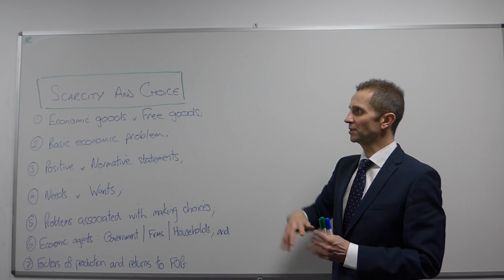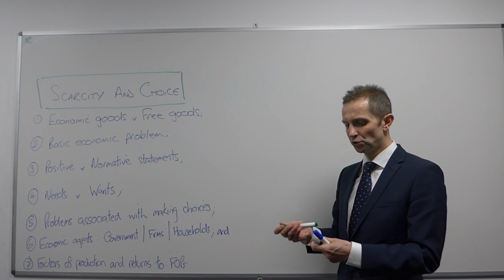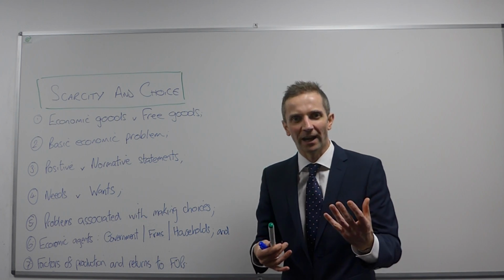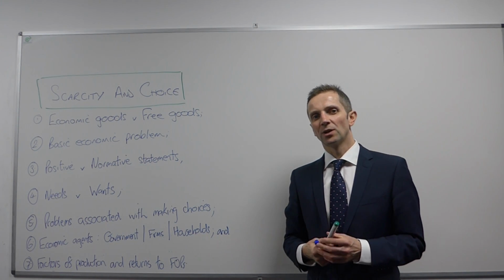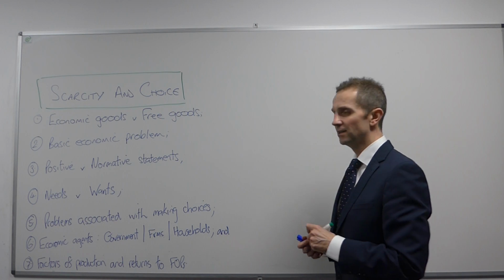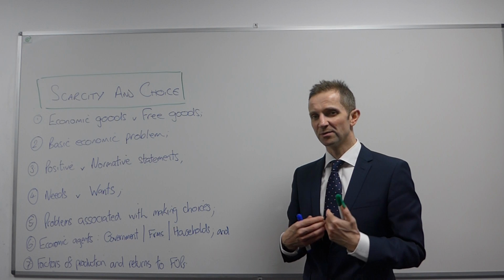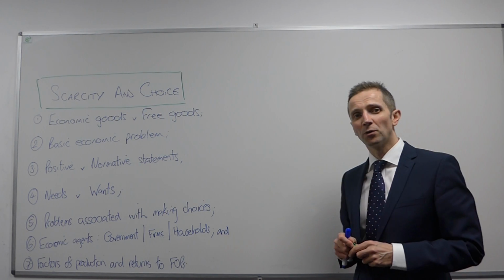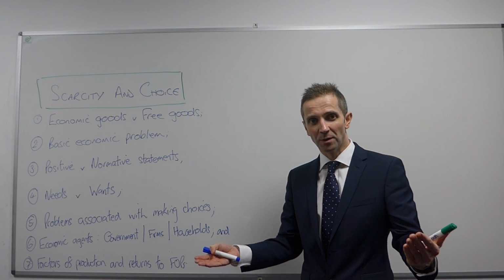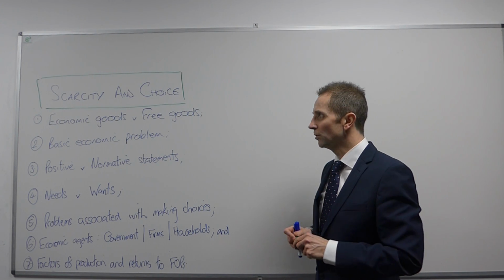So first of all, let's just consider the heading, this whole notion of scarcity and choice. And let's have a think about what it is that are scarce. So in economics, we refer to the fact that it is the resources that are scarce. Now, those resources could be financial in the terms of a household, or they could of course be natural resources, so things such as oil, for example, which are not infinite, they are finite and they are running out.